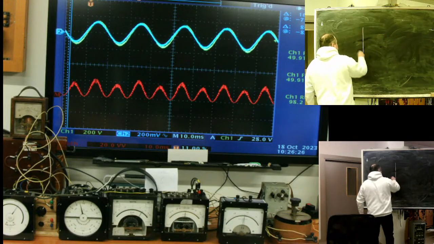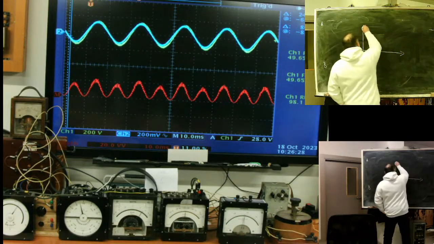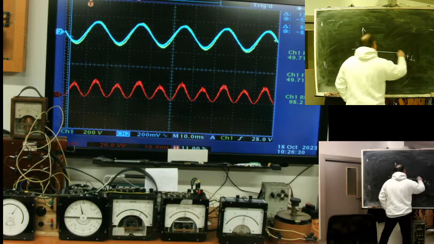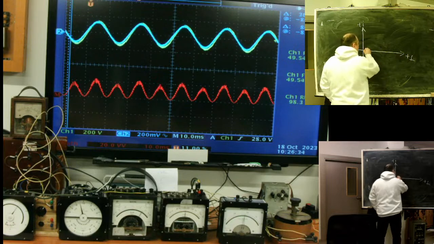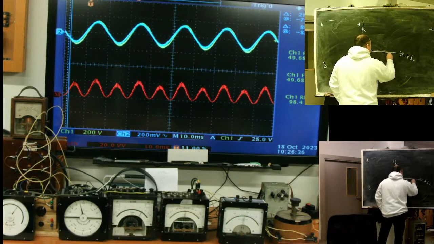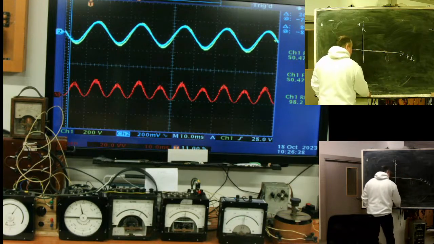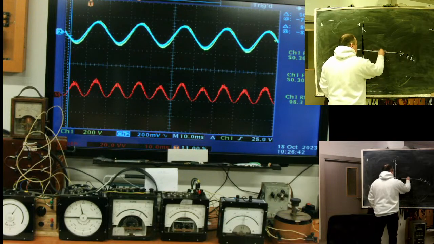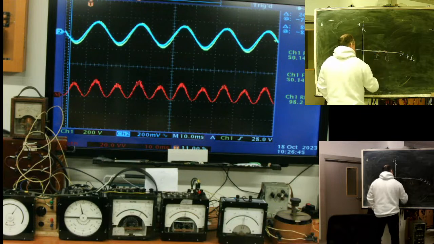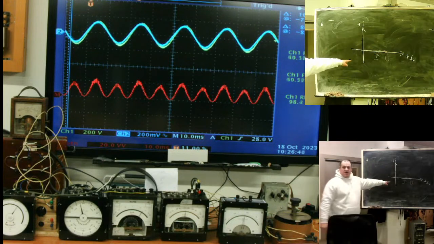Active load. If voltage is real, current, okay, I need to draw yellow voltage. Here is the current. Do you agree?